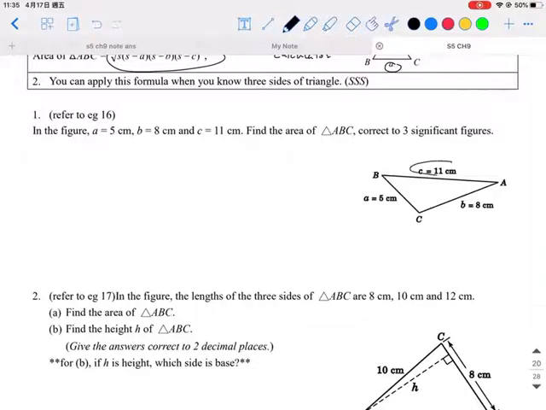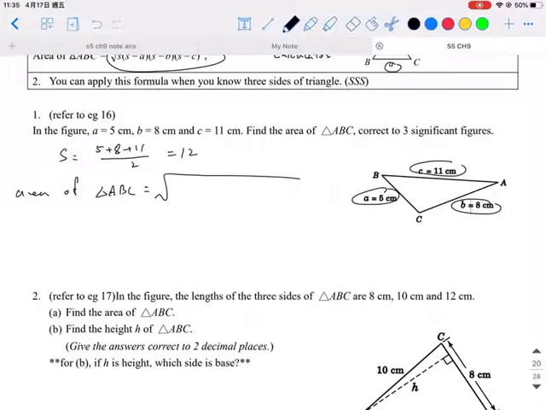So we know the three sides of the triangle, so we can apply Heron's formula. S is equal to the perimeter, 5 plus 11 plus x, over 2, which is equal to 12, and then the area. So the area of triangle ABC is the square root of 12 times (12 minus A) and (12 minus B) and (12 minus C).